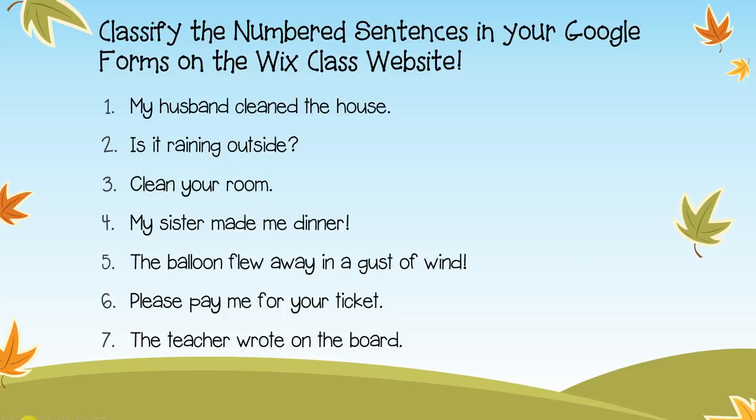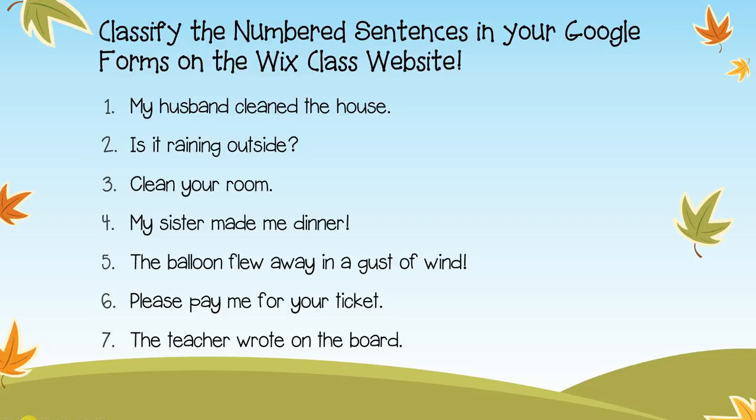Now we're going to be practicing classifying sentences as declarative, imperative, interrogative, or exclamatory. So pull up your Google Forms document from the Wix class website and do a split screen with this presentation. In that form now, I will read these sentences to you, and you will type your answer of classification in the blank that corresponds with the number of the sentence.